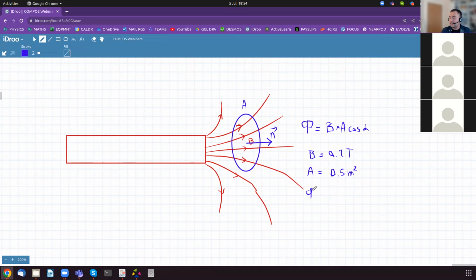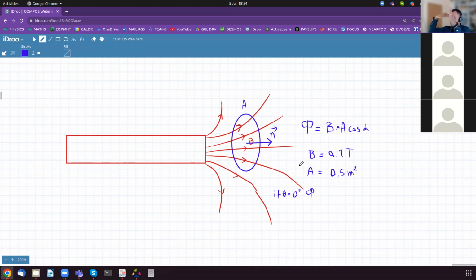If theta is 0 degrees, that means the loop is exactly perpendicular to the field.